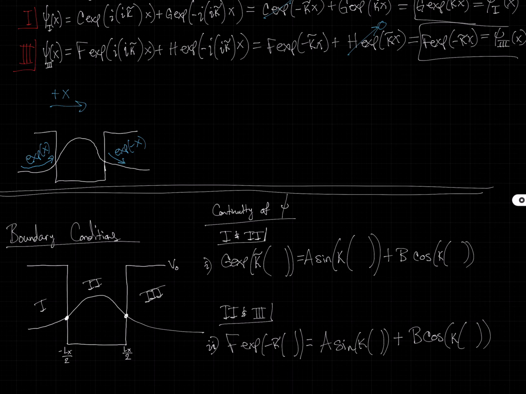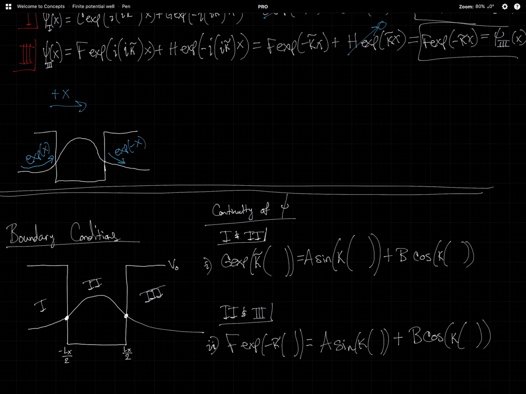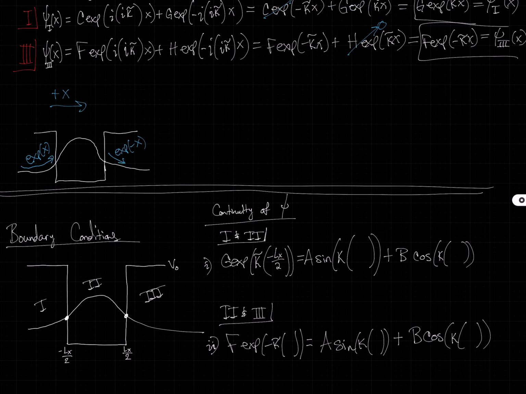I simply have to fill in the point at which that is true. And likewise, for regions 2 and 3, I'm going to fill in the point for which that is true, Lx over 2. All right, that's this guy here.